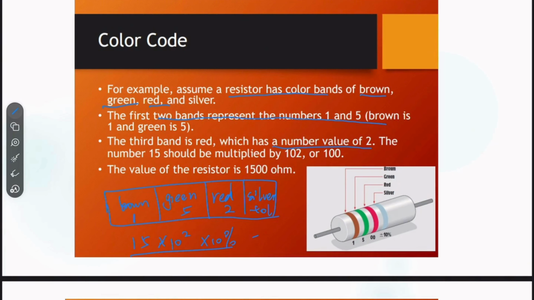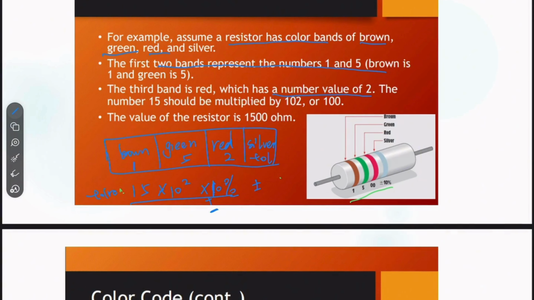It is plus or minus. So the maximum value is plus 10%, and the minimum value will be minus 10%. So this is just our tolerance.